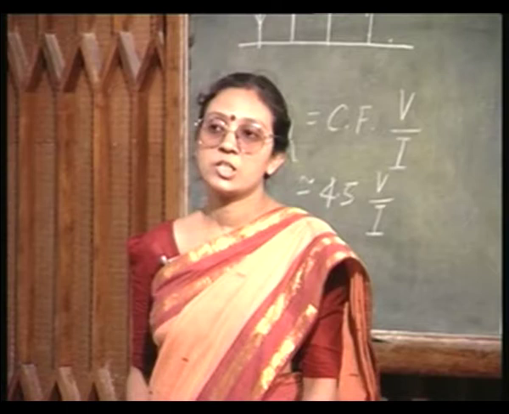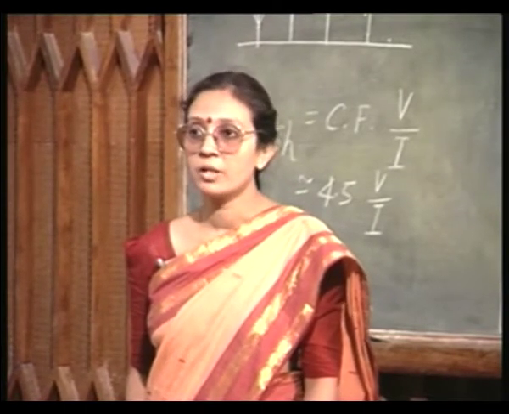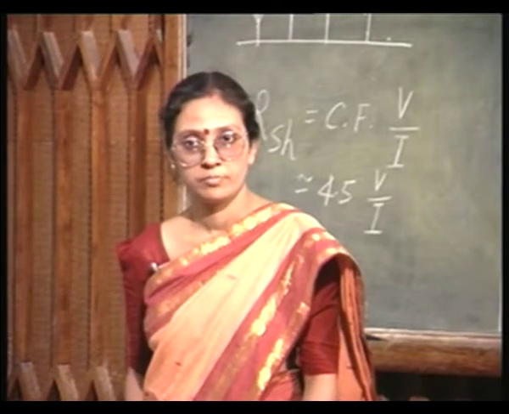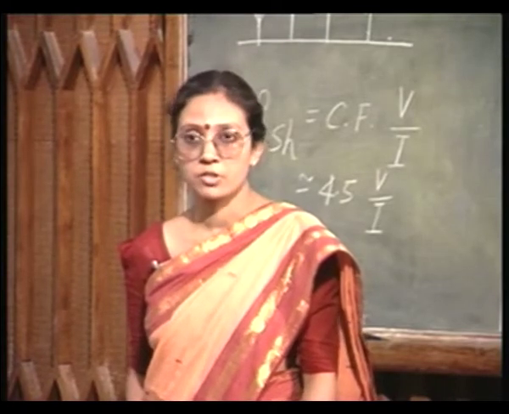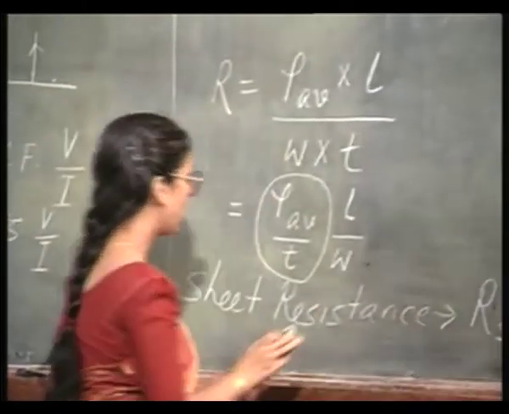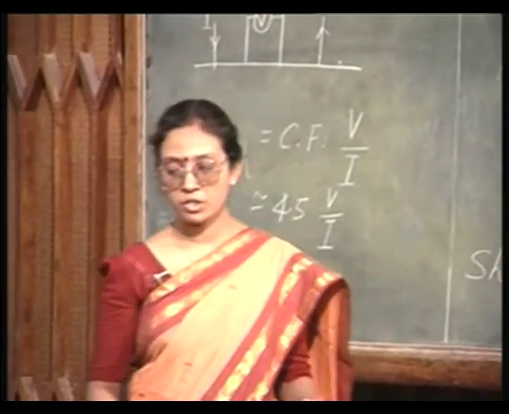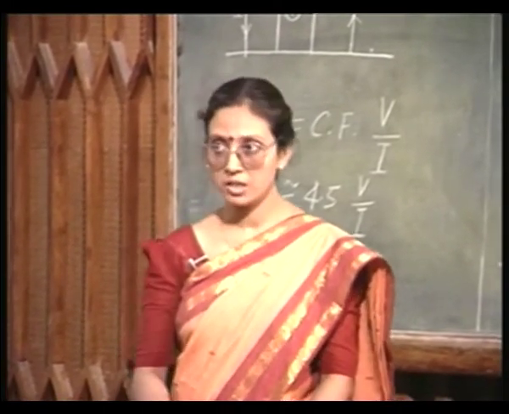But this sheet resistance can also be used directly to give the surface concentration. You can also get the surface concentration from the sheet resistance value. How can we get that? Well, we have already said that sheet resistance is given as rho average by T.